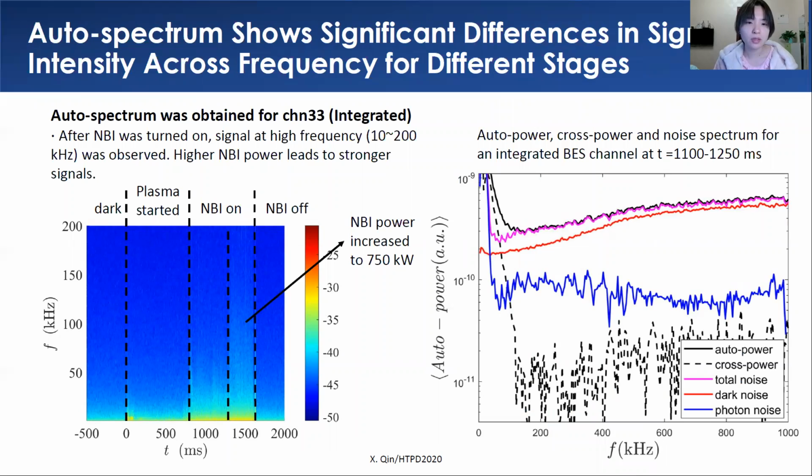The auto spectrum was obtained for integrated BES channel. After NBI was turned on, signal at high frequency was observed, and higher NBI power leads to stronger signal. The auto power, cross power, and noise spectrum for an integrated BES channel are presented.